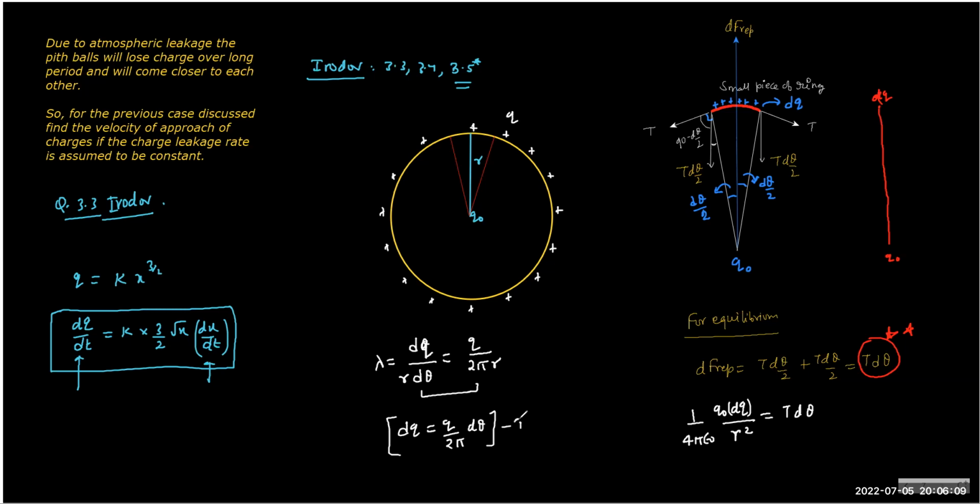So if I call this equation 1 and this equation 2, from 1 and 2 we are done, right? We don't have space, so I'll go to the next page to solve this.